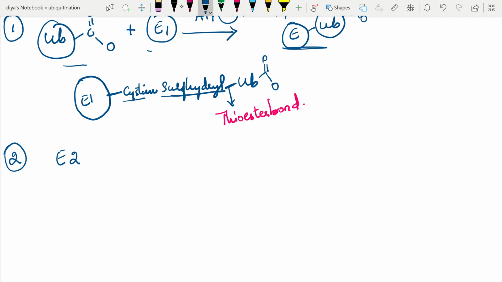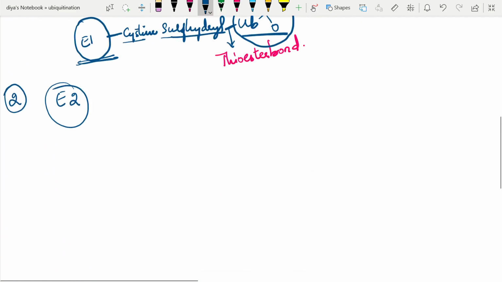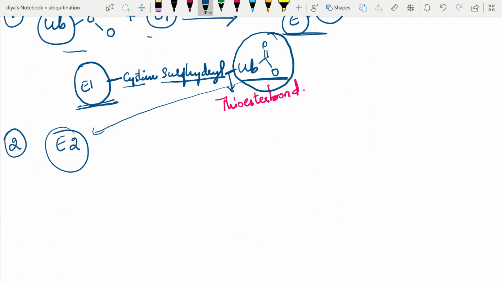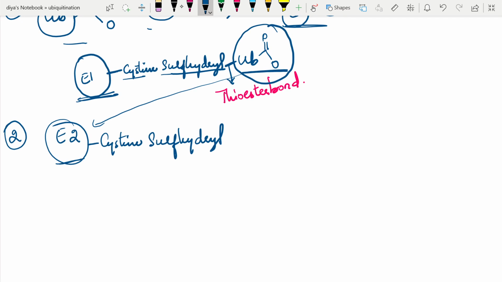The E2 enzyme comes and takes away the ubiquitin protein from the E1 enzyme and attaches this ubiquitin to the active site of the E2 enzyme, that is the cysteine sulfhydryl site, by a thioester bond. This also forms a thioester bond.